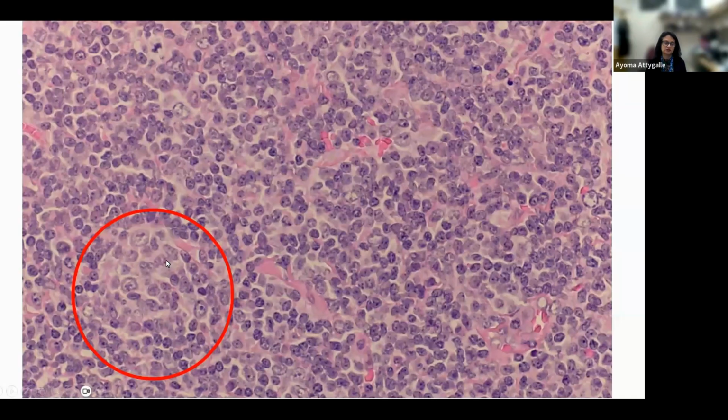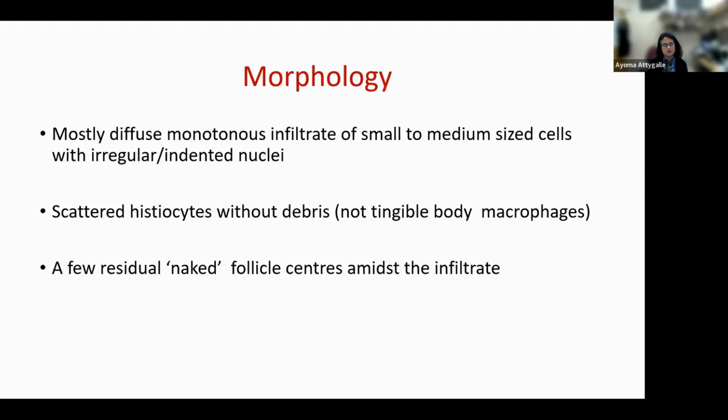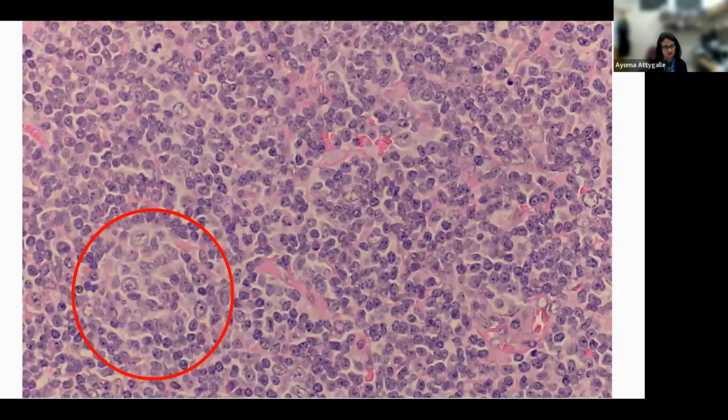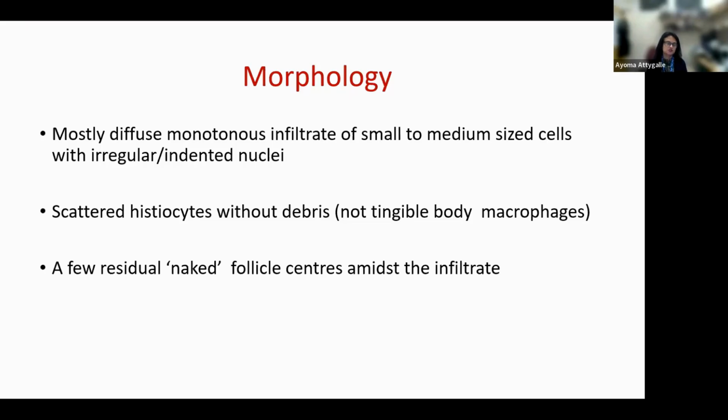But again, it's not that they look like a different population to the main population that you're seeing here, but size-wise, not very different. So essentially, what you saw there were a naked follicle center, and we'll come to that a little later on. Sometimes it's not that easy to spot. So the morphology of this is a mostly diffuse monotonous infiltrate of small to medium-sized cells with irregular or indented nuclei. There are scattered histiocytes without debris, and there are few residual naked follicle centers amidst the infiltrate.